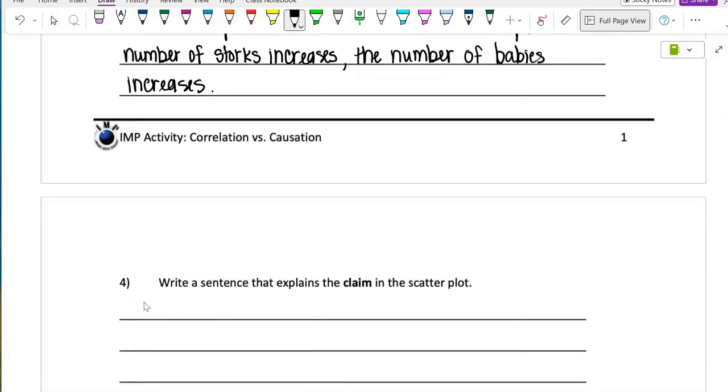All right, the next question says, write a sentence that explains the claim in the scatter plot. Based on that graph, what are they trying to claim? We'll talk about whether there actually is causation or not in a minute, but what is the claim that they are trying to make with this graph?